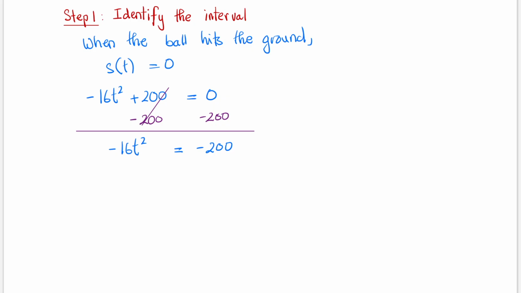And then I divide both sides by negative 16. So I get t squared equals 200 over 16. And 200 over 16 is 25 over 2.